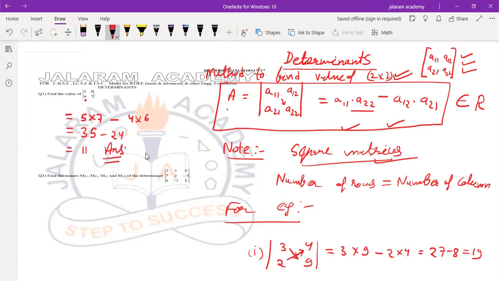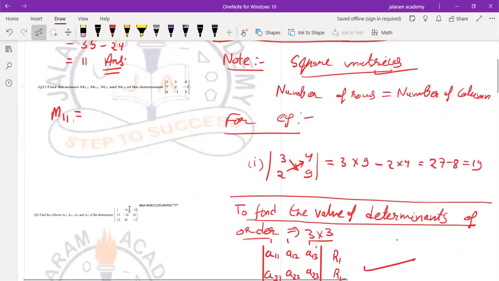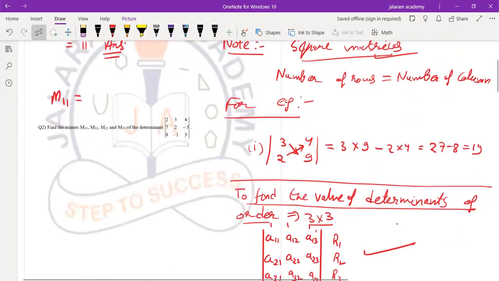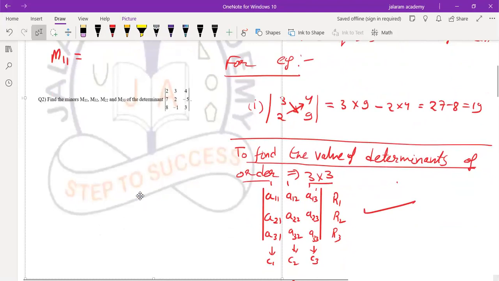Now in the second question, we will discuss the minors. M11 means what? You all must have understood. M11 means determinant obtained by deleting first row and first column.